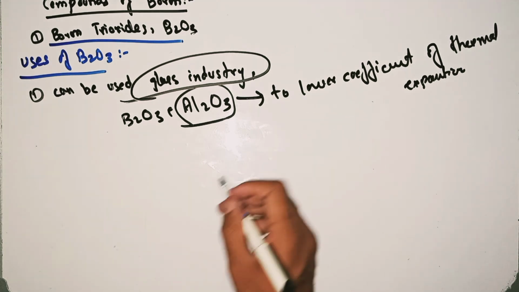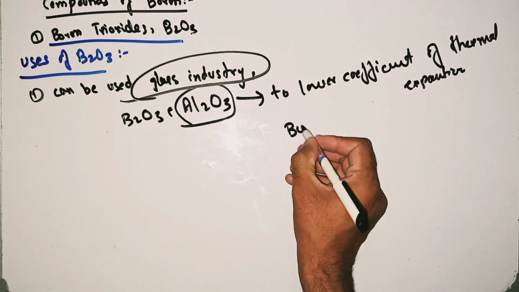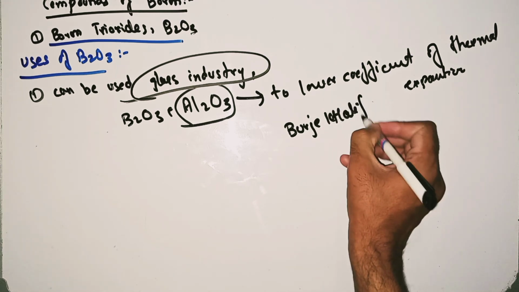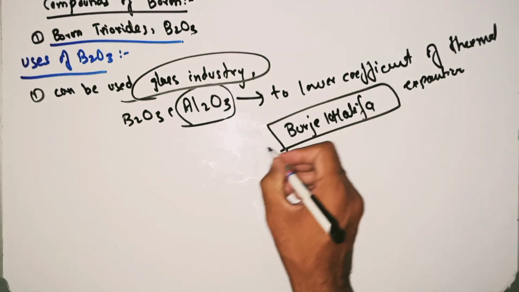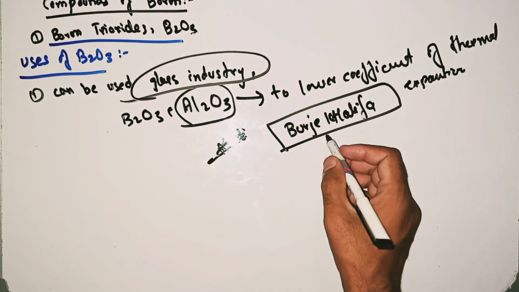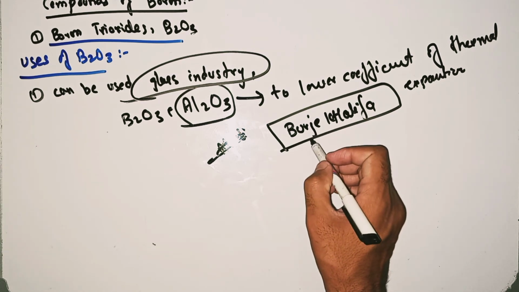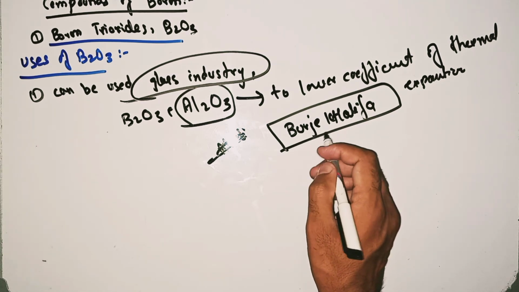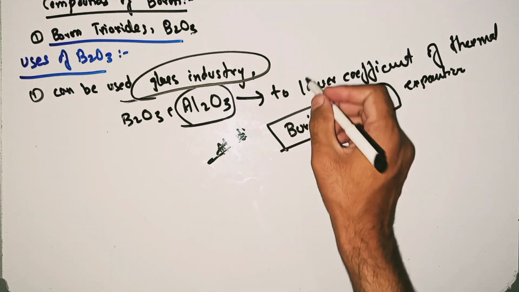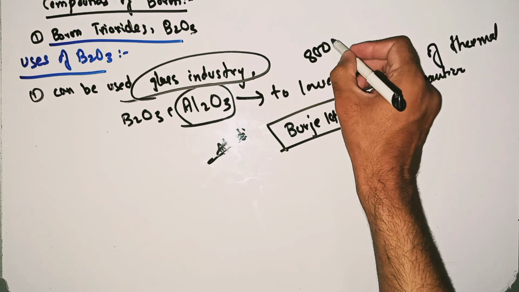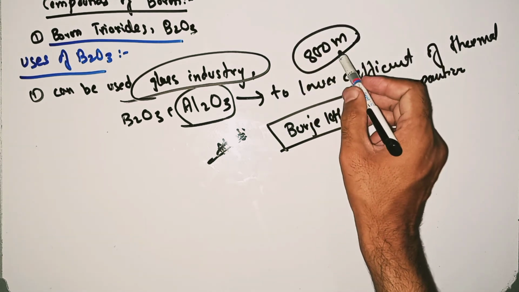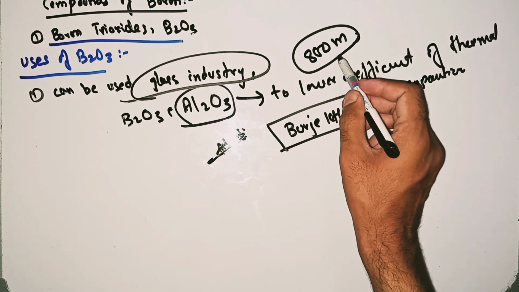You may know the Burj Khalifa, located in Abu Dhabi, near Saudi Arabia. It is the tallest building in the world, more than 800 meters in height, and at this height the temperature is very high.